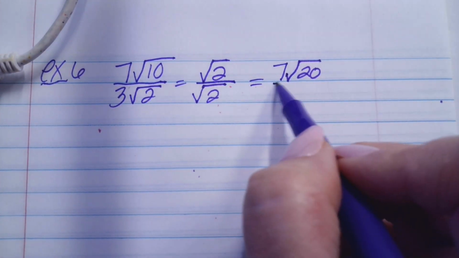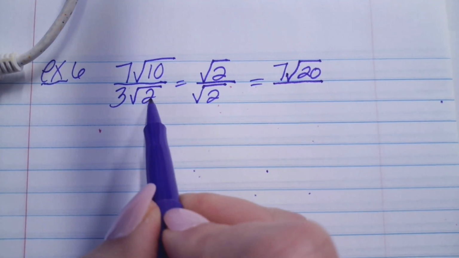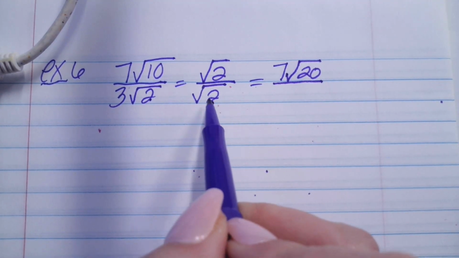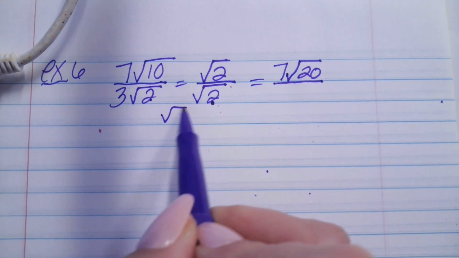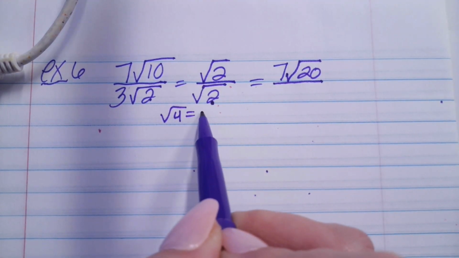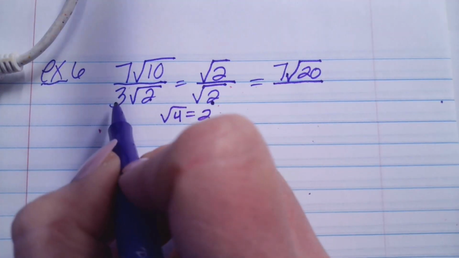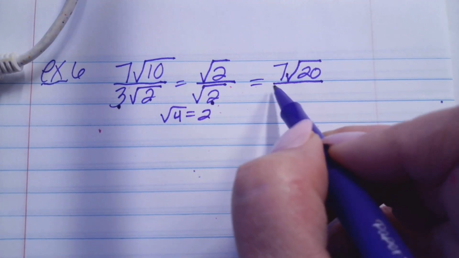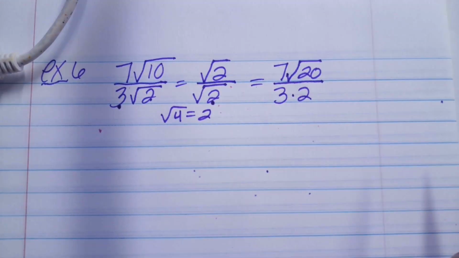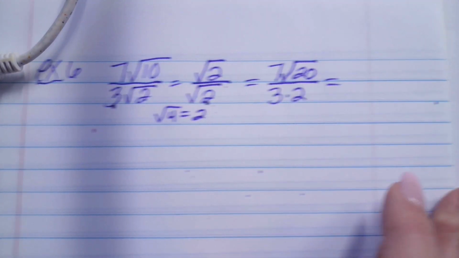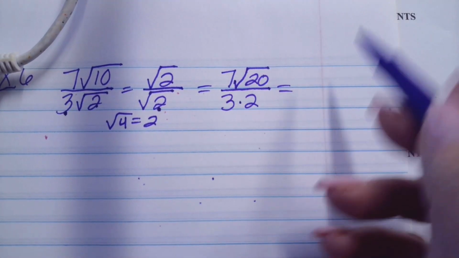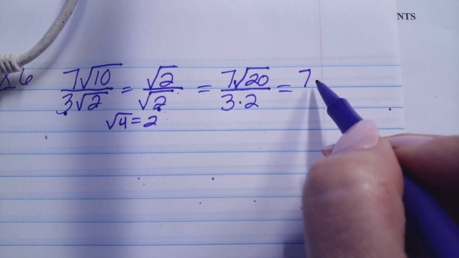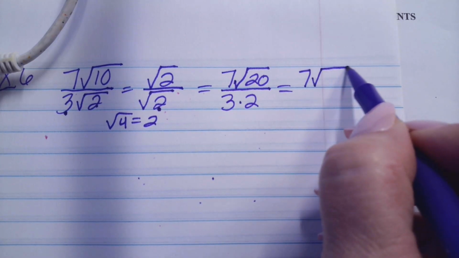Okay. Now let's go down bottom. What's radical 2 times radical 2? Which equals 2, the whole number 2. And we already had a whole number 3, so we have 3 times 2 here, right? Okay, now let's go back up top, Elva. What can we do to simplify this?